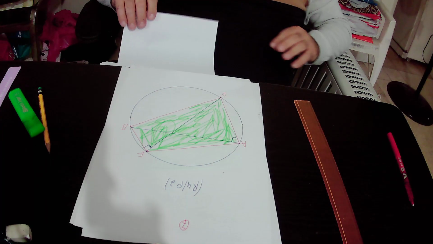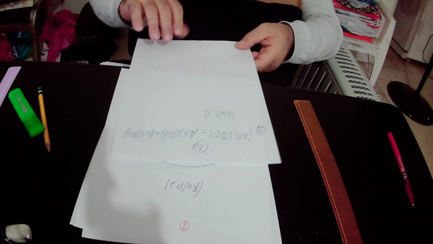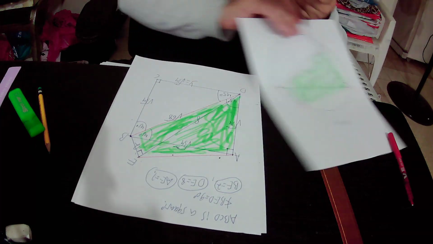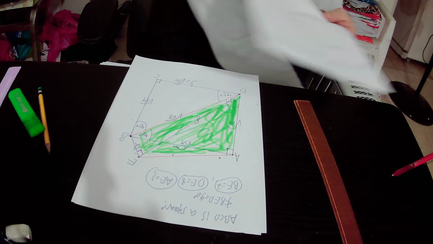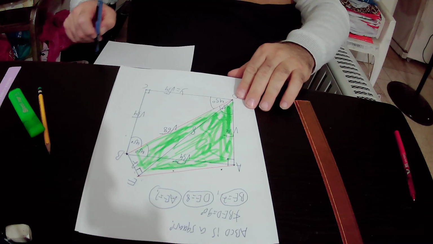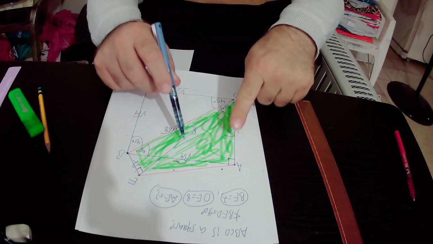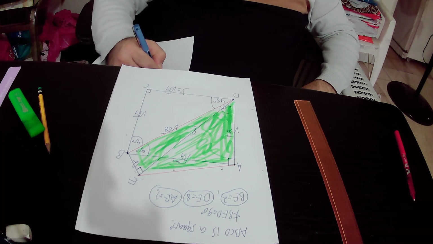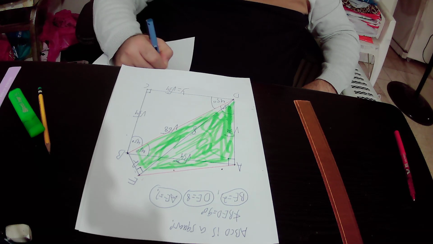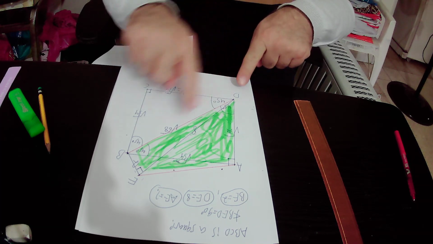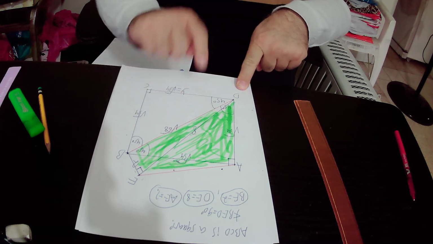Okay? So now we will find out the values of all the variables inside this equation number 3. AB equals the square root of 34. DE equals 8 units.